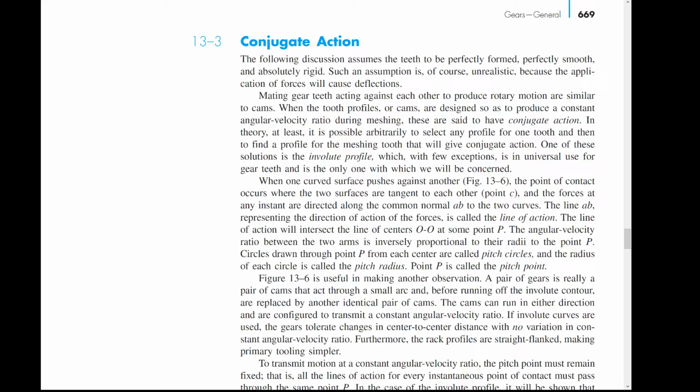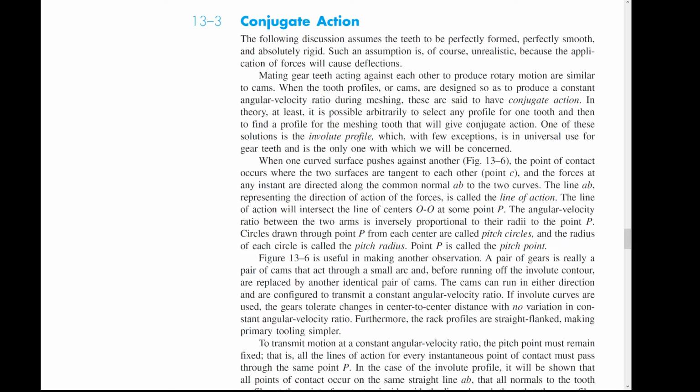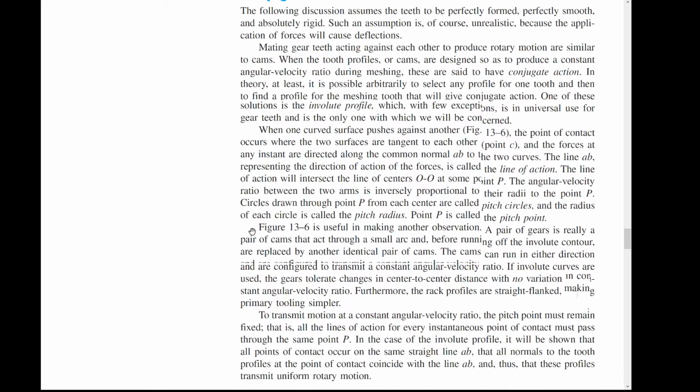The angular velocity ratio between the two arms is inversely proportional to their radii to the point P dot. Circles drawn through point P dot from each center are called pitch circles, and the radius of each circle is called the pitch radius. Point P dot is called the pitch point.